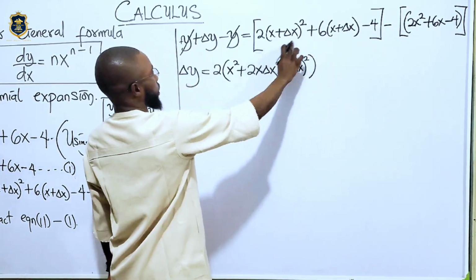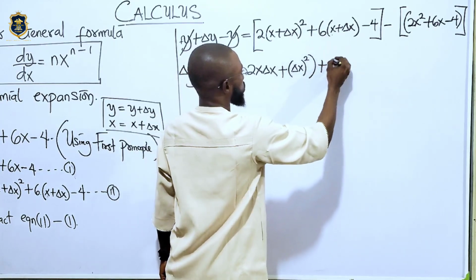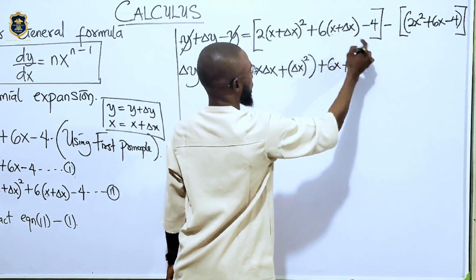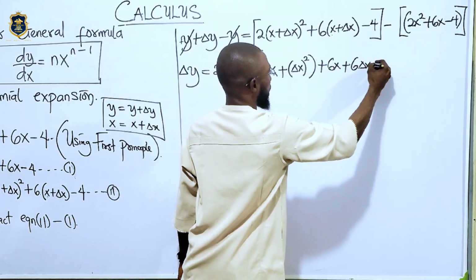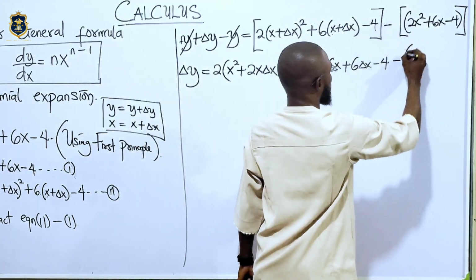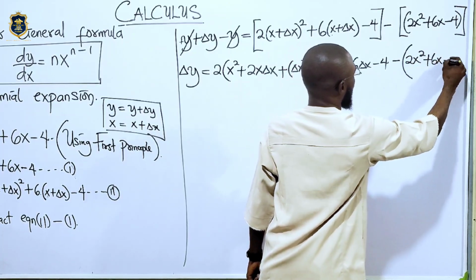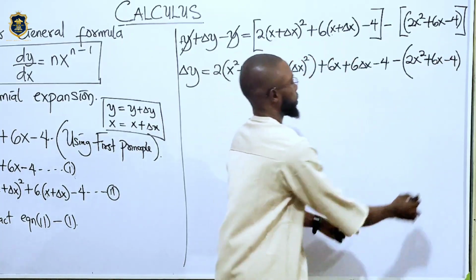That's expanding this. On this we have plus 6 times x gives 6x, 6 times delta x, we have 6 delta x, minus 4. And then the minus of this one: minus 2x squared, minus 6x plus 4.